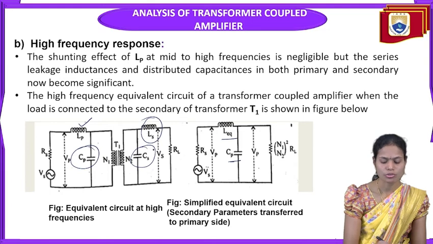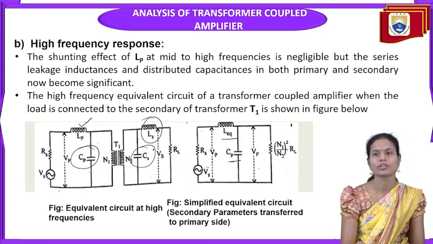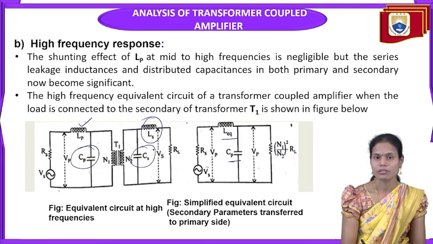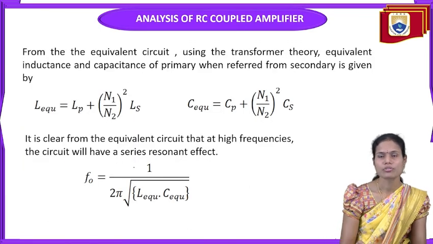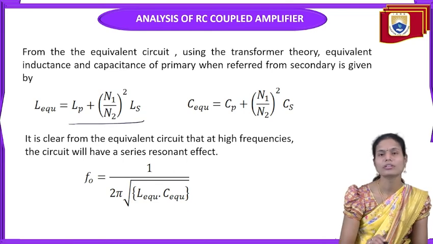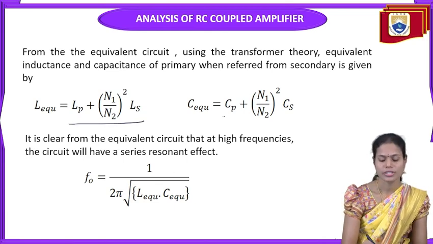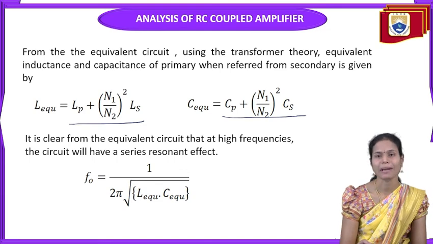The remaining circuit is as it is, (N1 by N2) whole square into RL here. Why? Because again the second stage input impedance is reflected back to the first stage load impedance. From the equivalent circuit, L equivalent is equal to the sum of the two inductances and C equivalent is equal to the sum of the two capacitances.